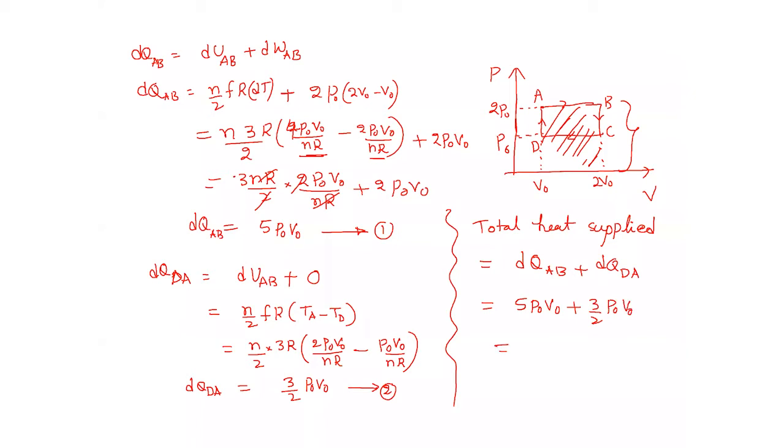How much will we get? 13P naught V naught by 2. This is the answer, this is one of the options, option B. Very nice problem.